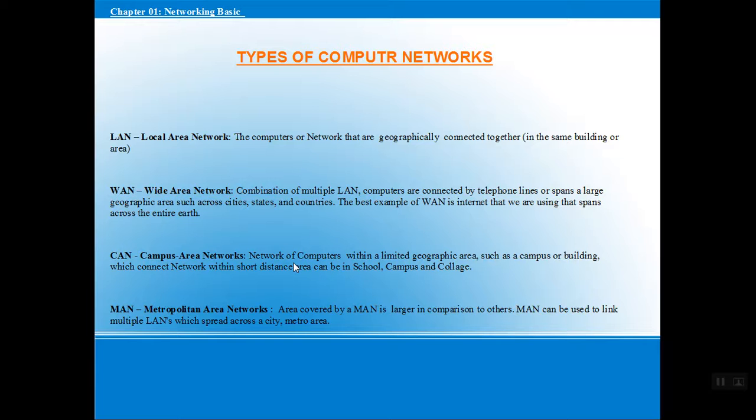In the same way, in computer networking, a CAN is a campus area network, which is limited within a geographical area such as a campus, building, or school campus, that is, from one building to another building. Or we can use a MAN, that is a metropolitan area network. The area covered by a MAN is larger compared to the above LAN and CAN.